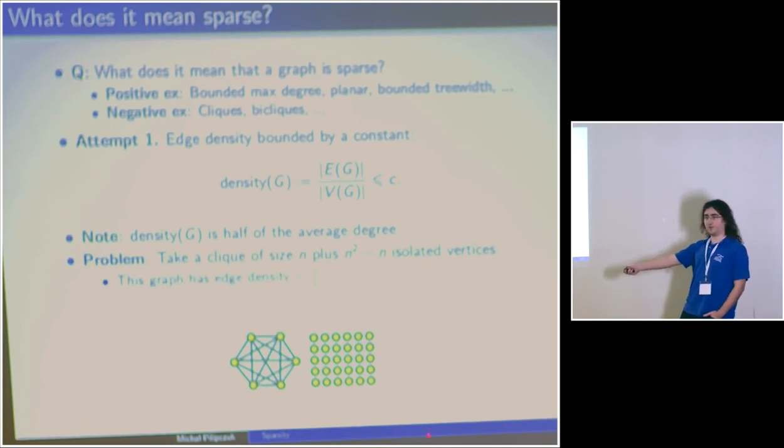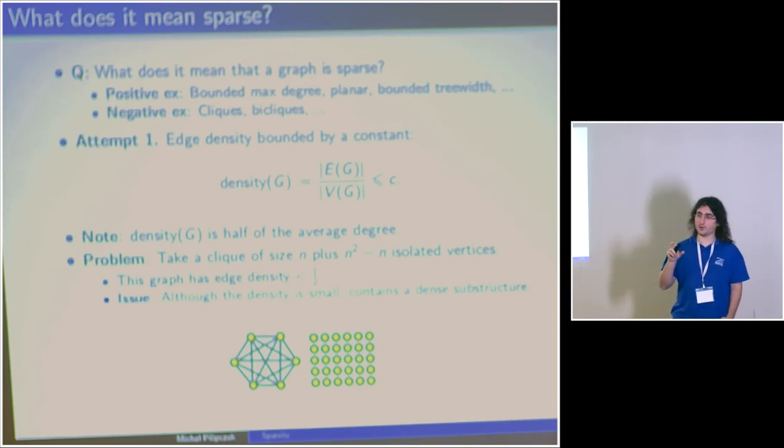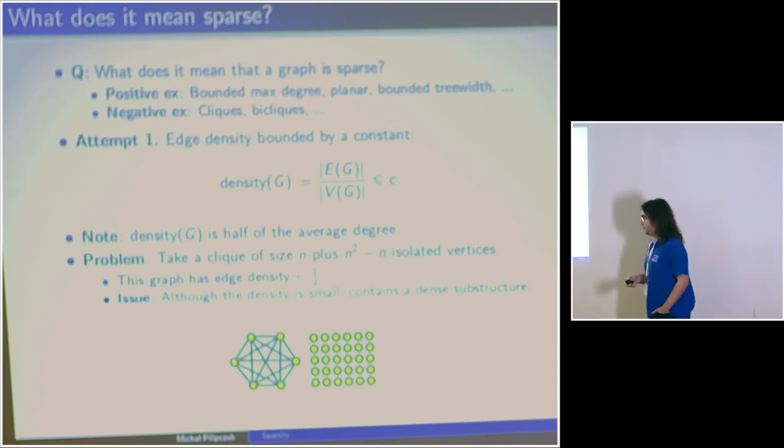So the edge density of this graph is actually smaller than half. But morally, this graph is not sparse, because it has a very dense substructure which is really large.